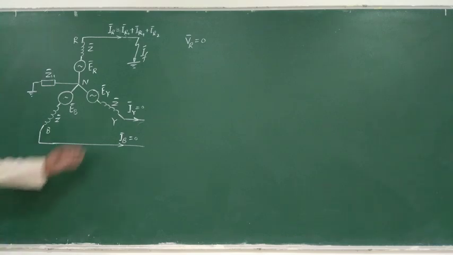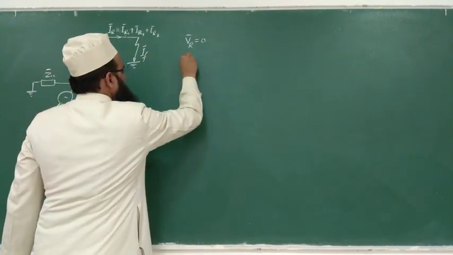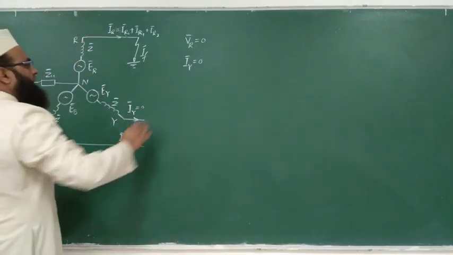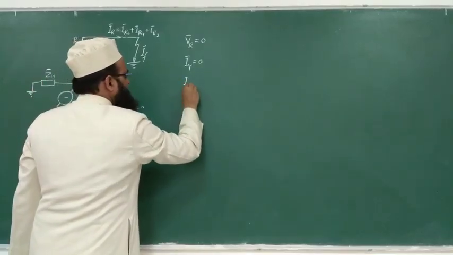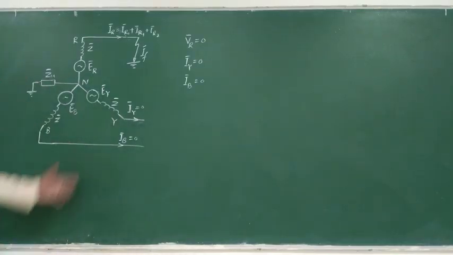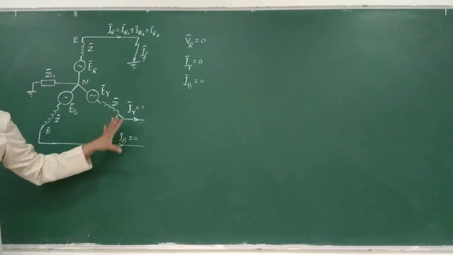What are the other conditions? These two currents will be 0 as it is. As we have assumed our system is unloaded before the occurrence of fault, these two currents will not get changed even after the fault. Before, unloaded, so 0. After fault, only fault is in this phase, so again 0, no change here, is not it?